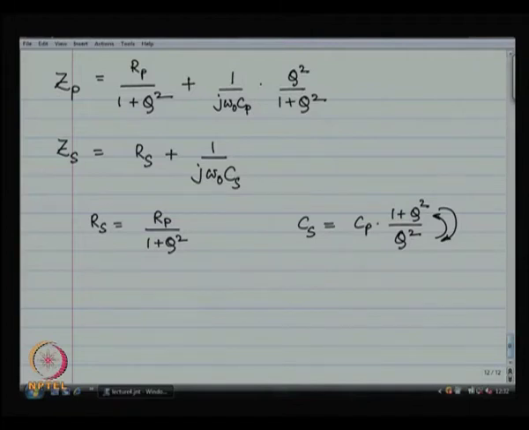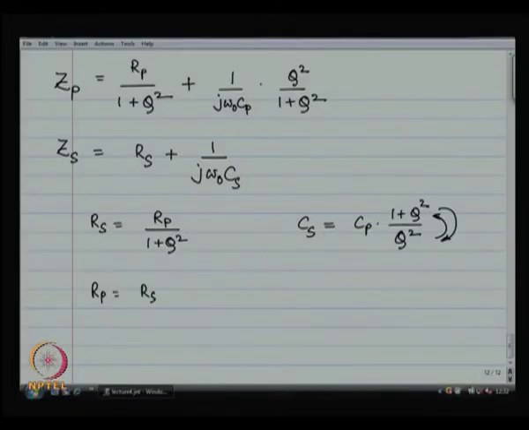You can also do the parallel to series transformation. R p is going to be equal to R s times 1 plus q squared, and C p is going to be equal to C s times q squared by 1 plus q squared. So, this is also going to follow.